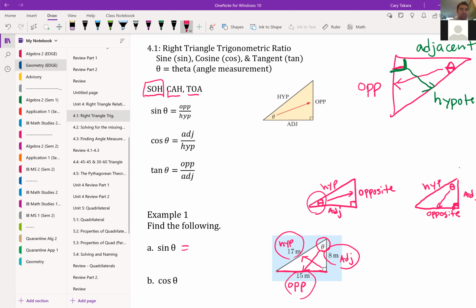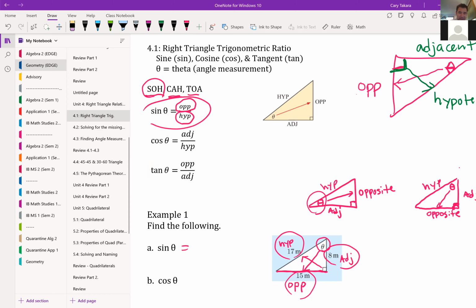The SOH comes from sine equals opposite over hypotenuse, the CAH from cosine equals adjacent over hypotenuse, and the TOA from tangent equals opposite over adjacent. So if I ask you to find sine of theta, sine is defined as opposite over hypotenuse.